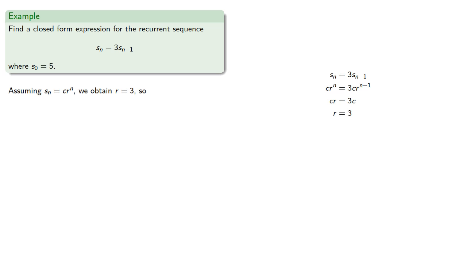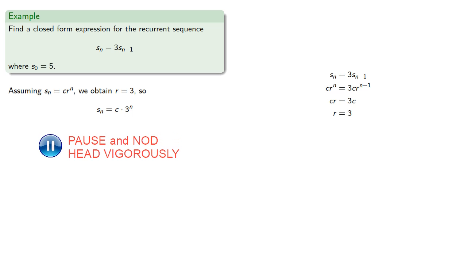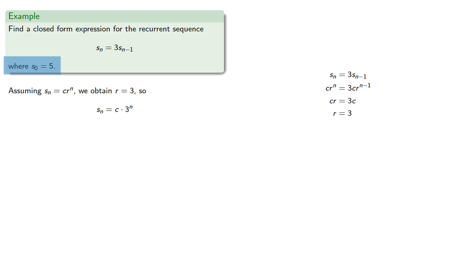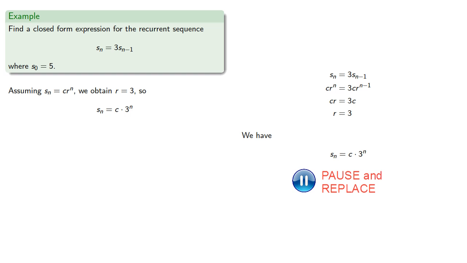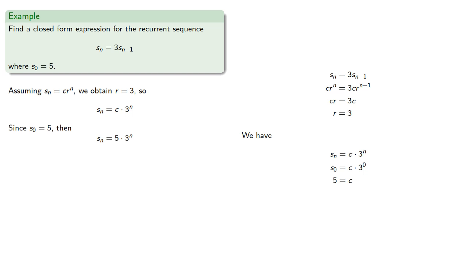So we obtain r equals 3, so S_n is some constant times 3 to the power n. Now, we know that S_0 is 5, so we'll substitute that into our formula, and we find C is equal to 5. And so our closed form expression for this sequence is 5 times 3 to the power n.